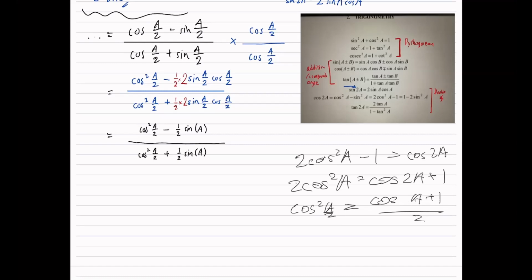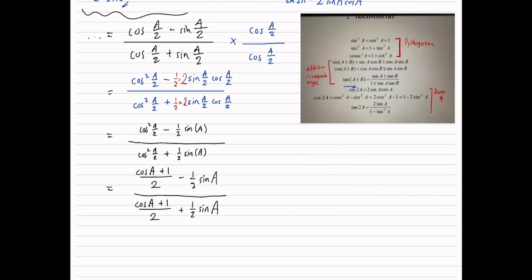Yeah, exactly. So now we can replace. Hey, don't erase it. Let me just copy down what you wrote. Replace with cosine A plus 1 divided by 2, minus half sine A, plus half sine A. This is a more complicated way of doing things, but I think it still works.